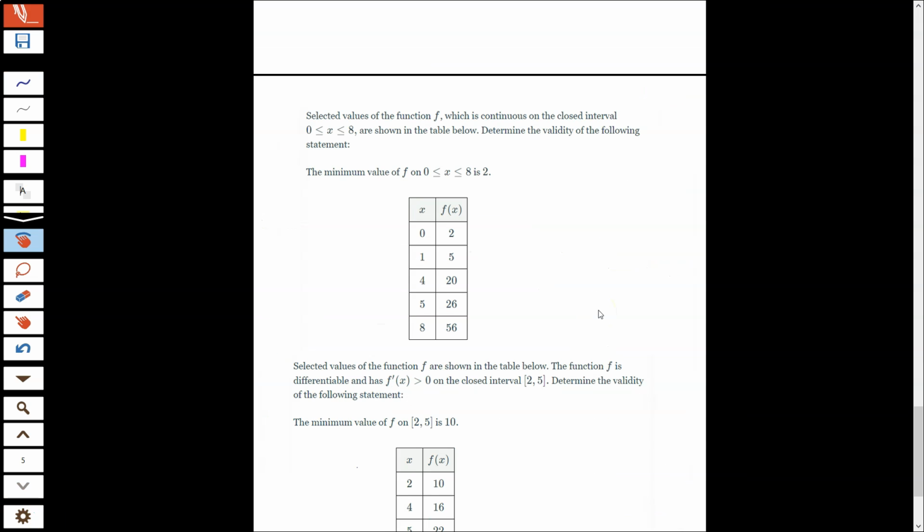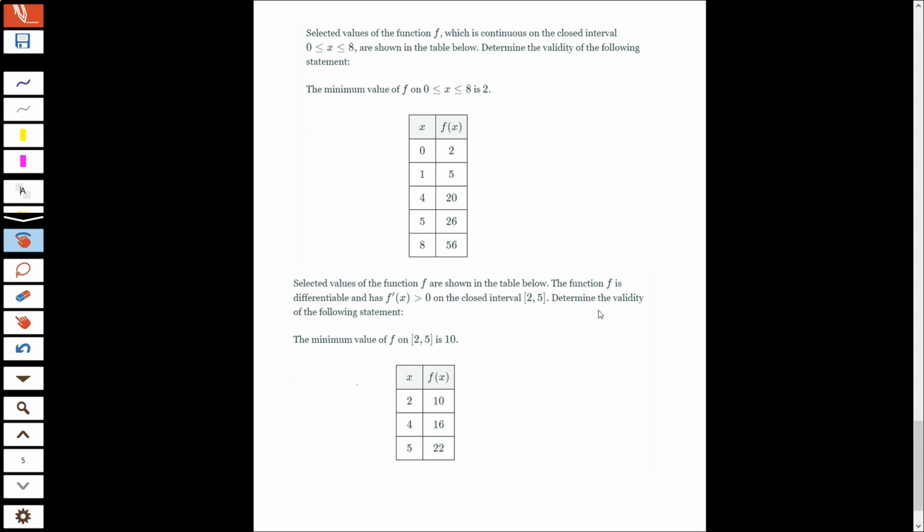And then these last couple, we're going to look at in tandem, because they're very, very similar, but have different answers. So f is continuous for the first example. And if you're looking at the second example and thinking, well, it doesn't say that f is continuous, you're doing a great job. However, and we don't know this fact yet, this is one of the things we skipped this year because remote is making us slower, but differentiable means also continuous.